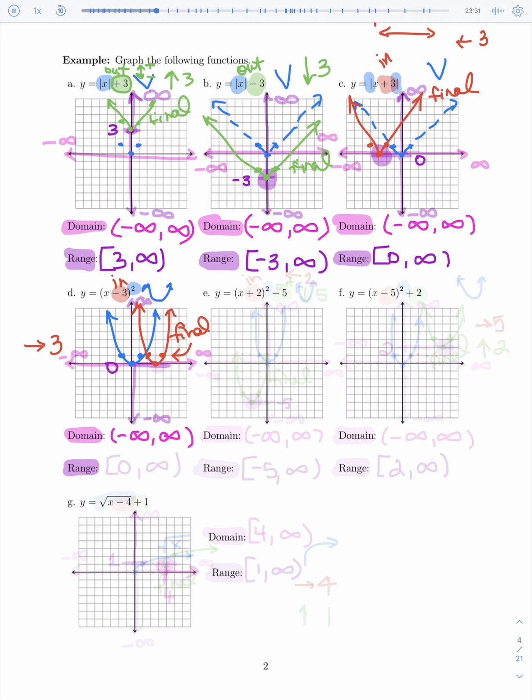Then it does continue on forever past that towards positive infinity, which means our range is going to be from 0 to infinity. Again, infinities always have parentheses. And notice we do have a big point at 0, so we do need to include the fact that there is a graph in our range at 0. So we'll put a bracket there.